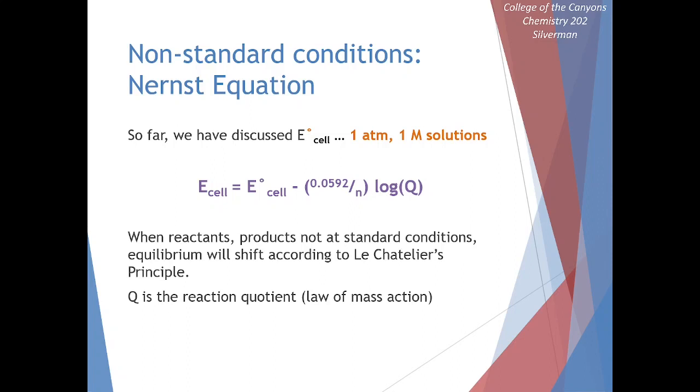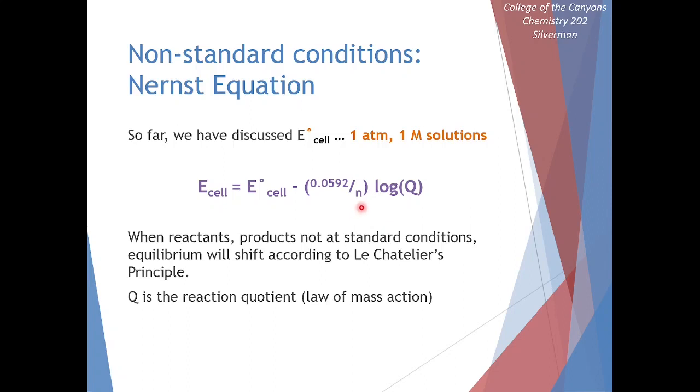We can say that our cell potential at non-standard conditions is equal to our standard cell potential minus this other expression, invoking our reaction quotient. We recall the reaction quotient from our equilibrium studies. This is the law of mass action, products divided by reactants raised to the exponent based on our coefficients in our balanced reaction.